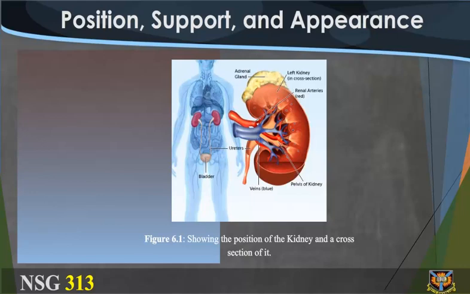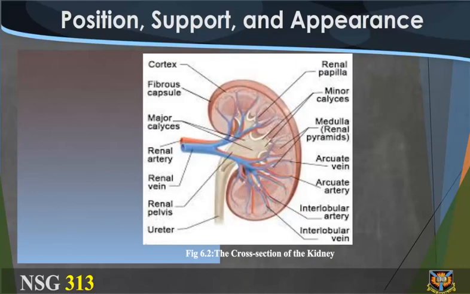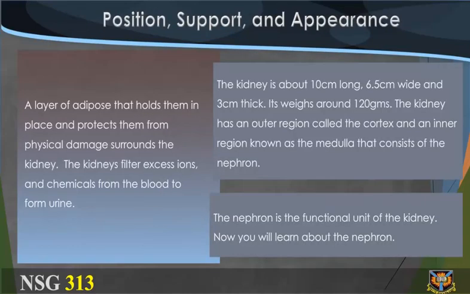Position, support, and appearance. The cross section of the kidney. A layer of adipose tissue that holds them in place and protects them from physical damage surrounds the kidney.